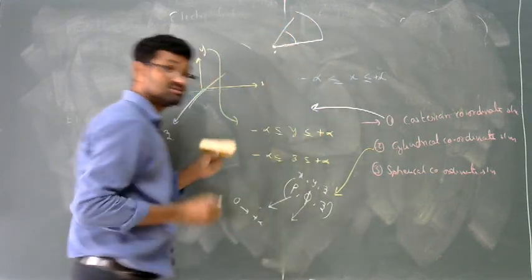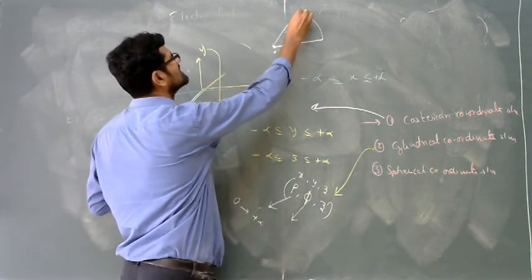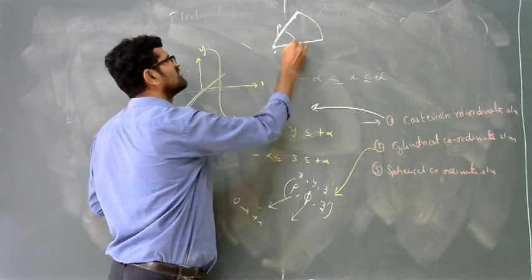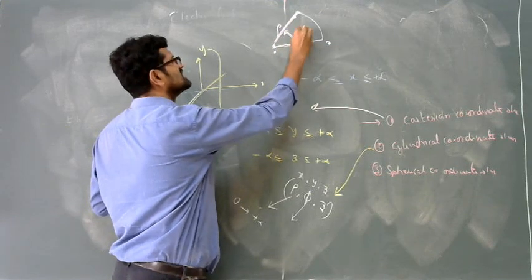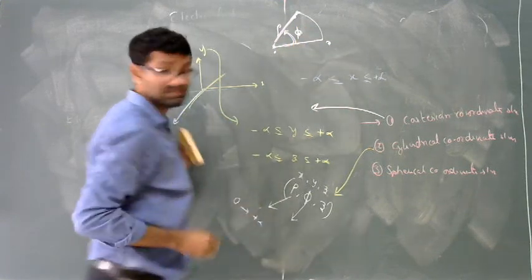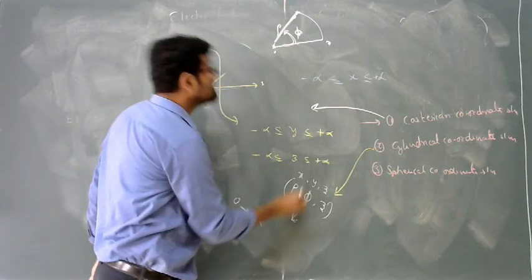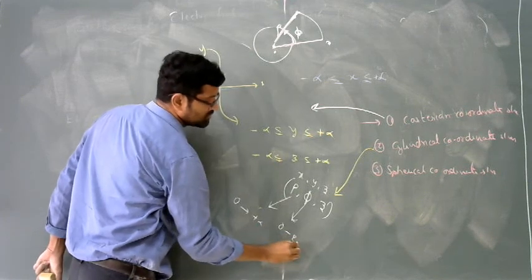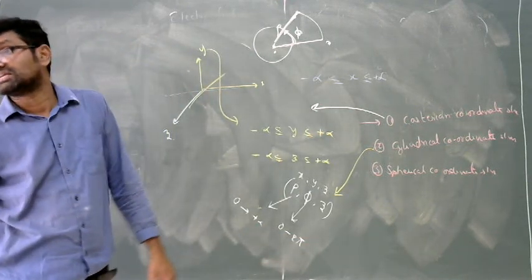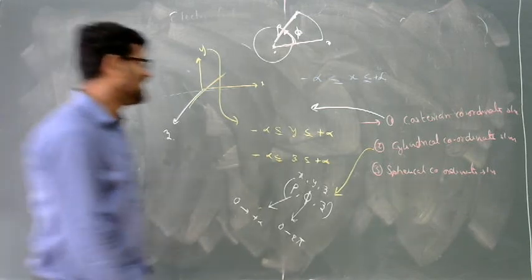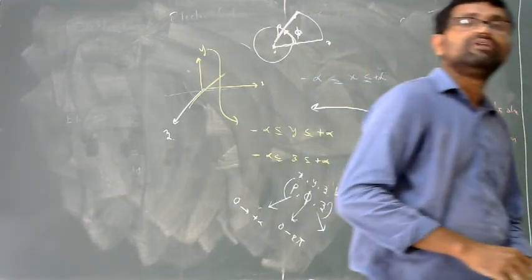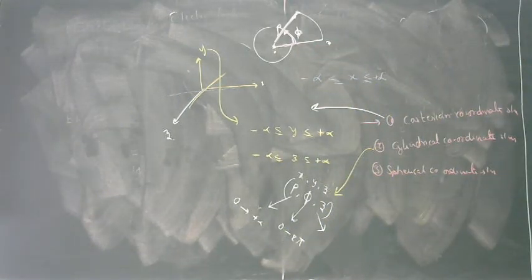If you take any particular point on the cylinder, with its radius rho, the angle from the positive x-axis to that radius path is denoted by the letter phi. Since it is like a circle, phi varies from 0 to 360 degrees. And z is similar to the Cartesian system: it varies from minus infinity to plus infinity.